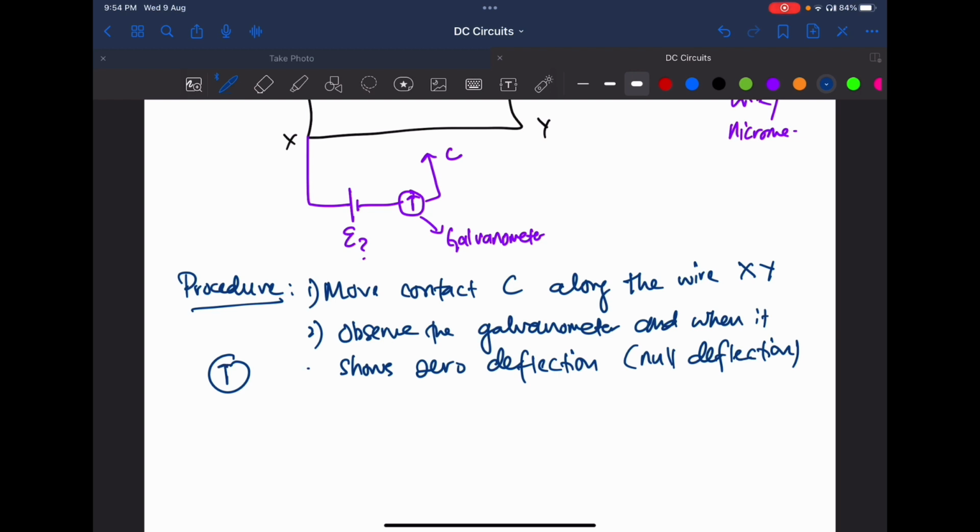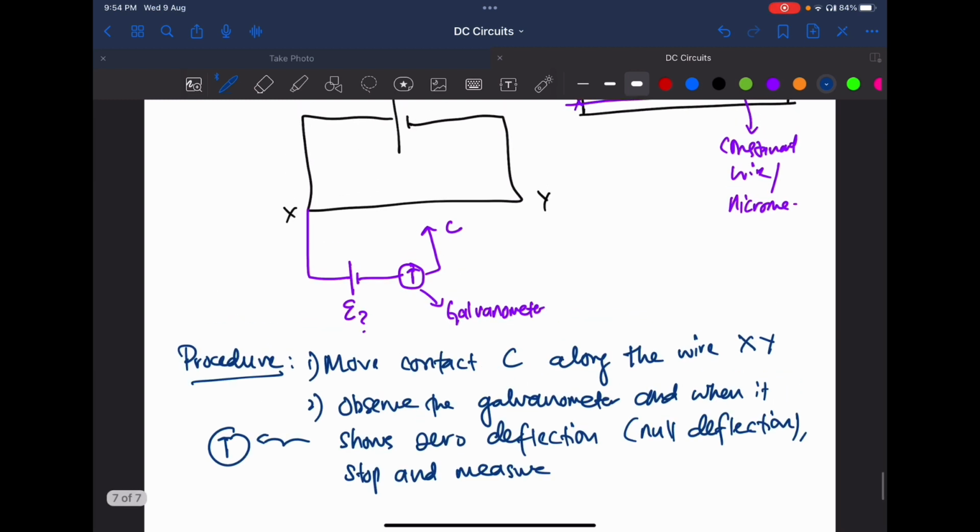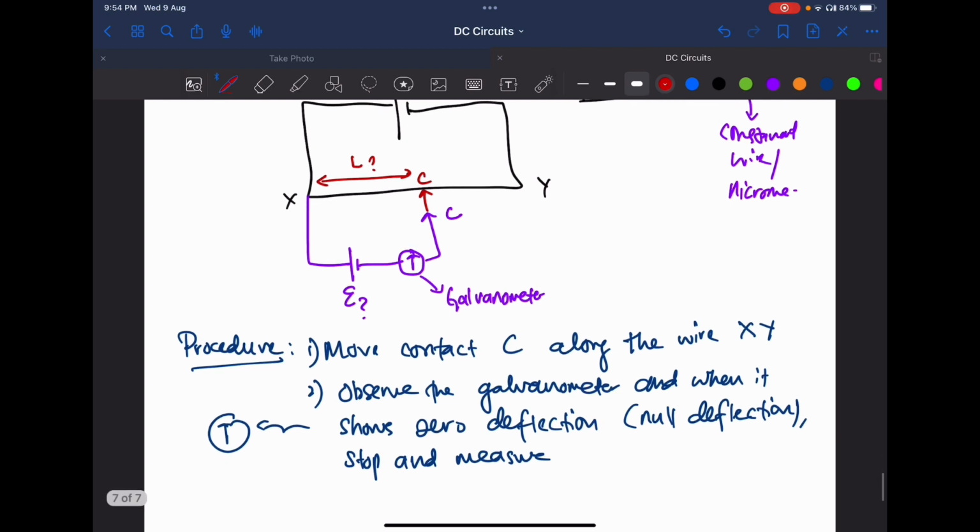Okay, it goes like that. Stop and measure. Okay, so for example, let's say now it stops here. So we measure the length of this.